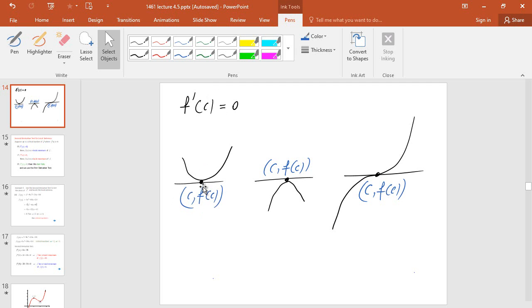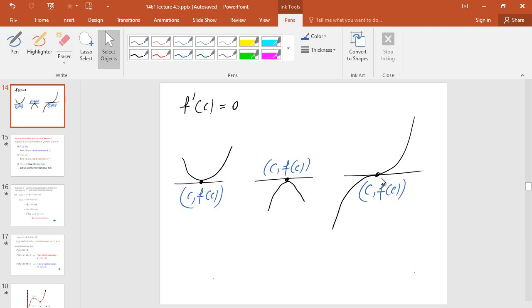Either at the point (c, f of c) we have a local minimum, or we have a local max. And there is a third possibility, which is that even though the derivative at c is 0, the point (c, f of c) is neither a local max nor a local min.